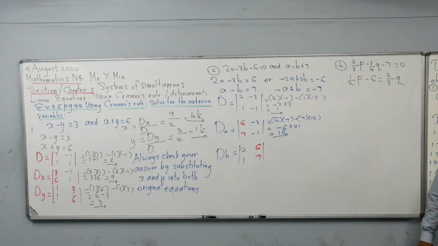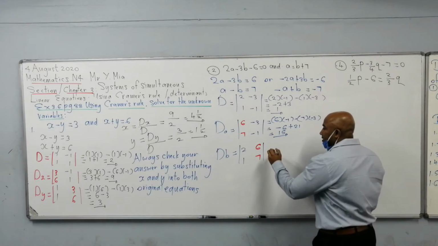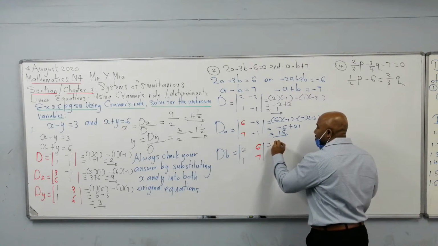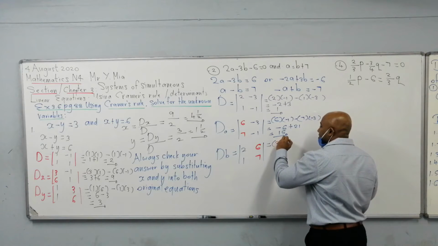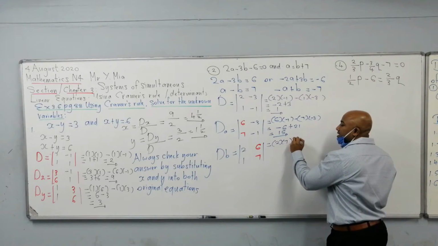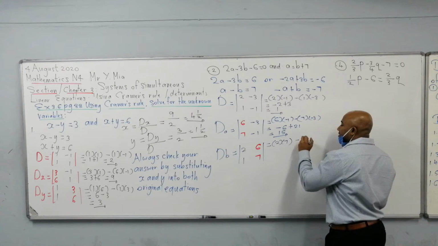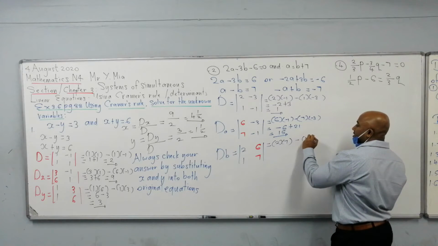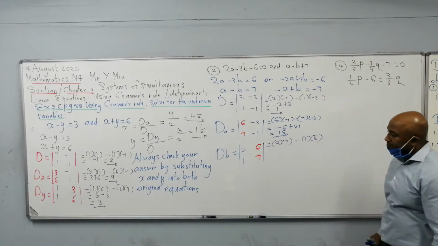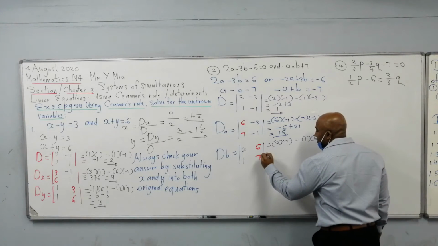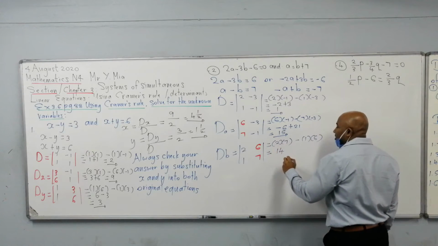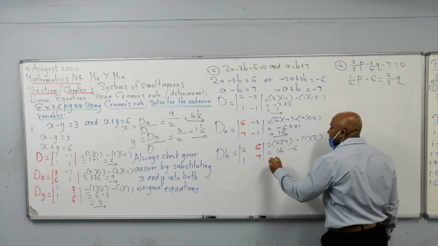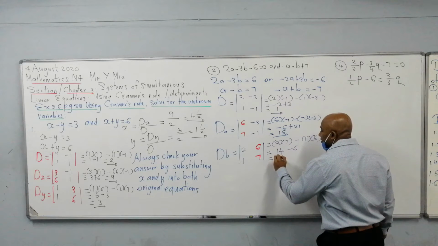Easy. Now evaluate. So that will be 2 times 7 minus 1 times 6. So 2 times 7 is 14 minus 6, which is equal to 8.